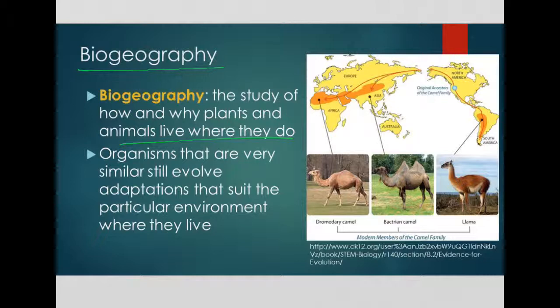So here, this shows that the ancestors of camels came from North America, and yet currently they only live in Asia, Africa, this sort of area, as well as in South America. So they're all members of the camel family, and yet they have each evolved separate adaptations to suit where they live.